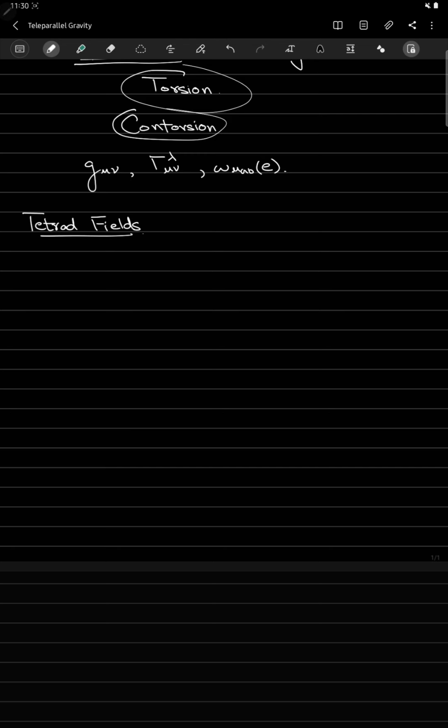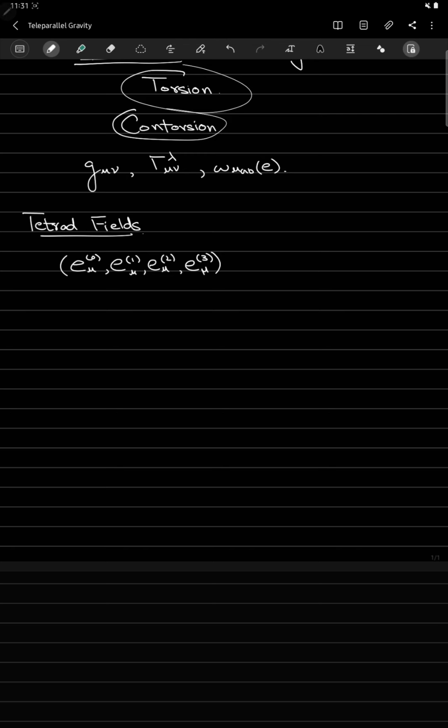Now, a set of tetrad fields is defined using four orthonormal linearly independent vector fields in space-time. So we can pick e mu 0, you can have e mu 1, e mu 2, and e mu 3, right?